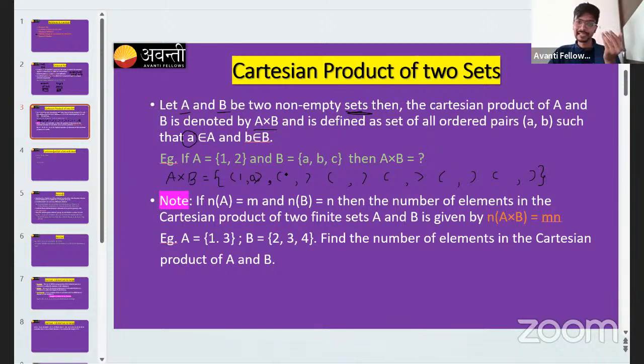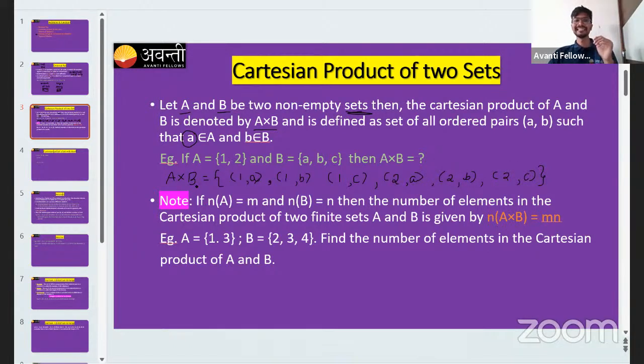Now, if again I take 1, then second from B, b. If again I take 1, then this is c. Now, I hope you are getting it. So, now all the combinations for 1 are over, which is 1a, 1b, 1c. Now, similarly, we can do for 2. It will be 2a, 2b, and 2c.